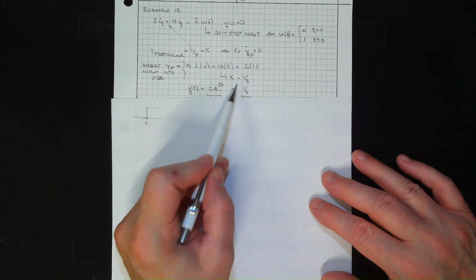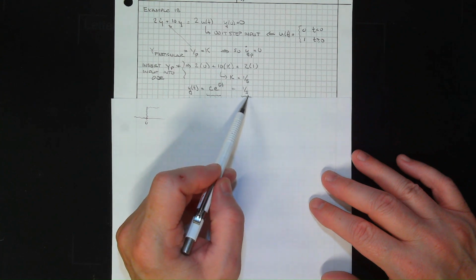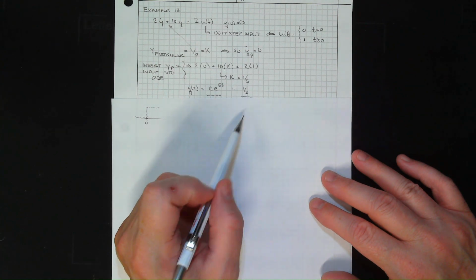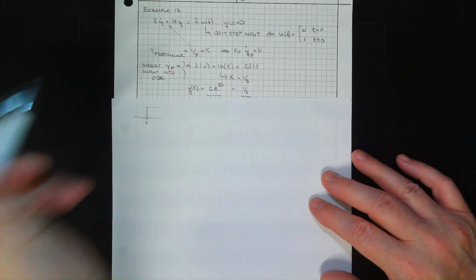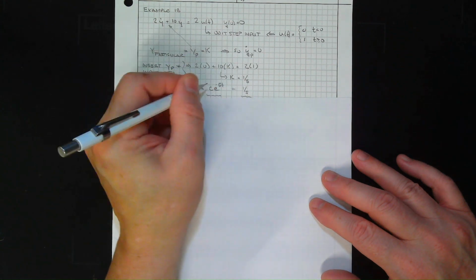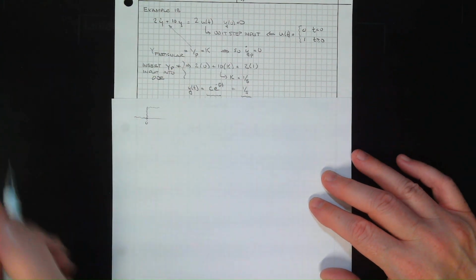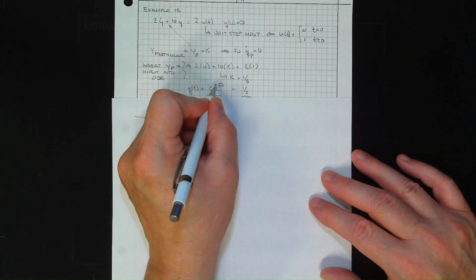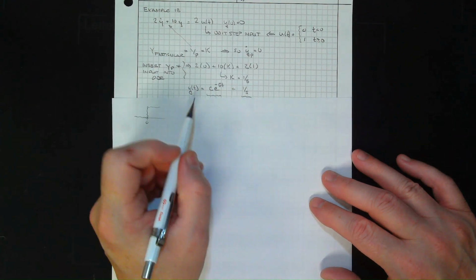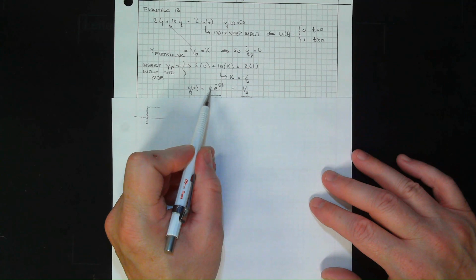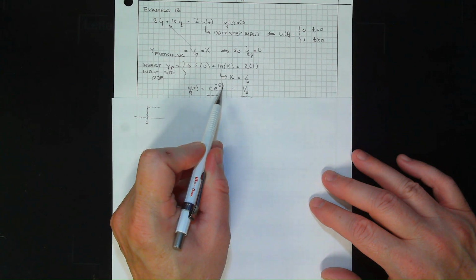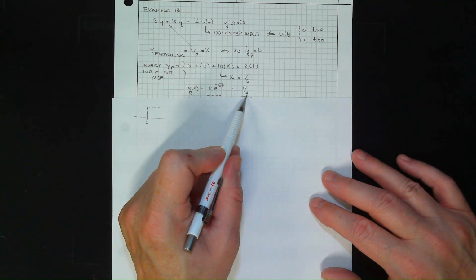So at steady state, when everything dies off, this is what's left. And there's a little mistake here, minus 5t. So notice when I said stuff dies off, c e to the minus 5t plus 1/5.